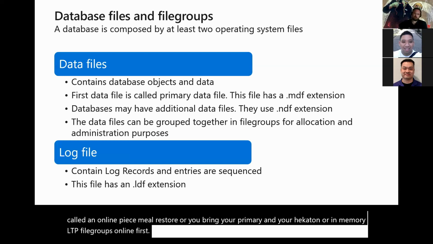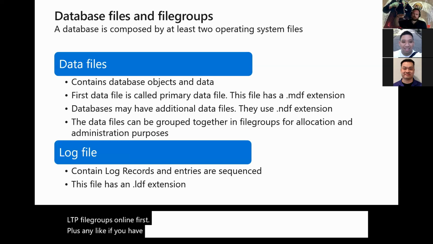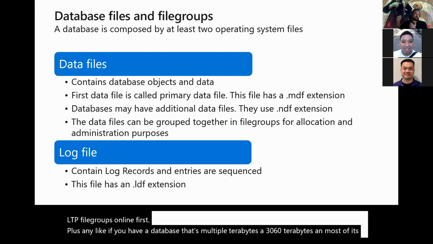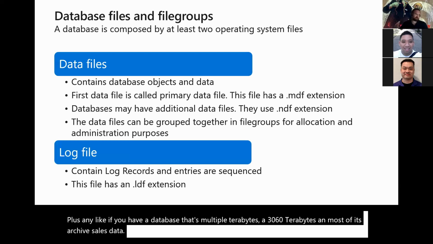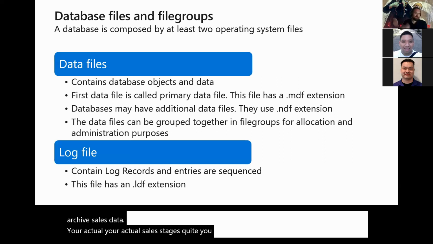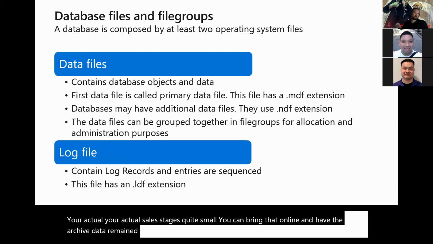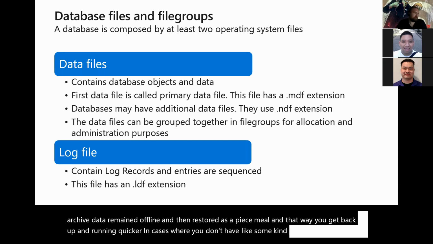If you have a database that's multiple terabytes, say 30 or 60 terabytes, and most of it is archive sales data but your actual sales data is quite small, you can bring that online and have the archive data remain offline, and then restore that piecemeal. That way you get back up and running quicker in cases where you don't have some kind of failover, like clustering or availability groups.